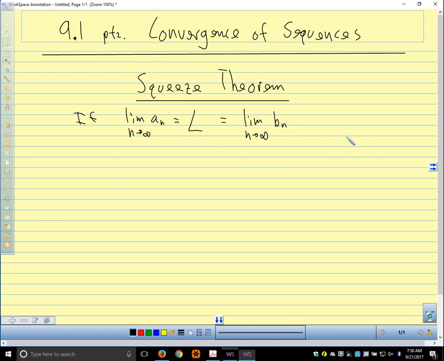And we're going to say we have some integer N such that, for all n beyond it, all the terms of some other sequence are between each term of these two sequences that we know converge to the same limit.